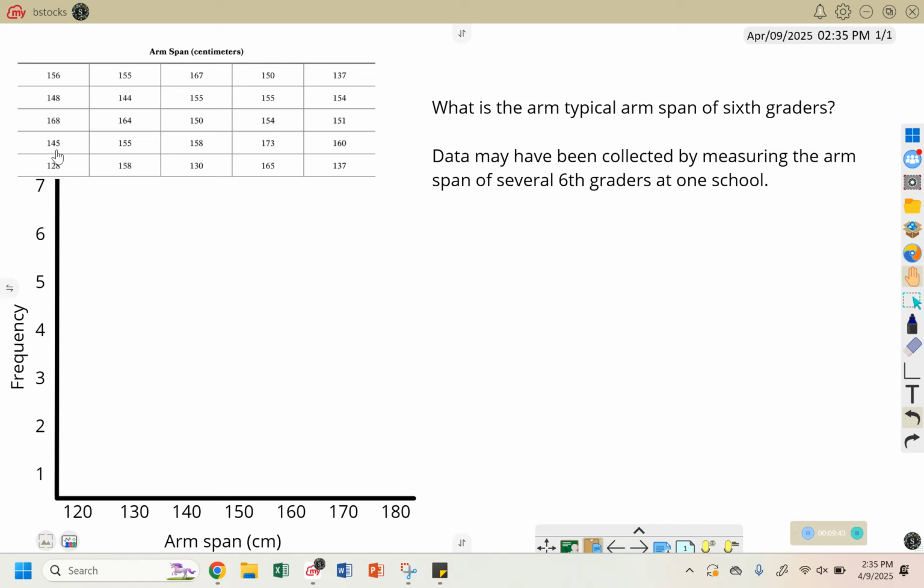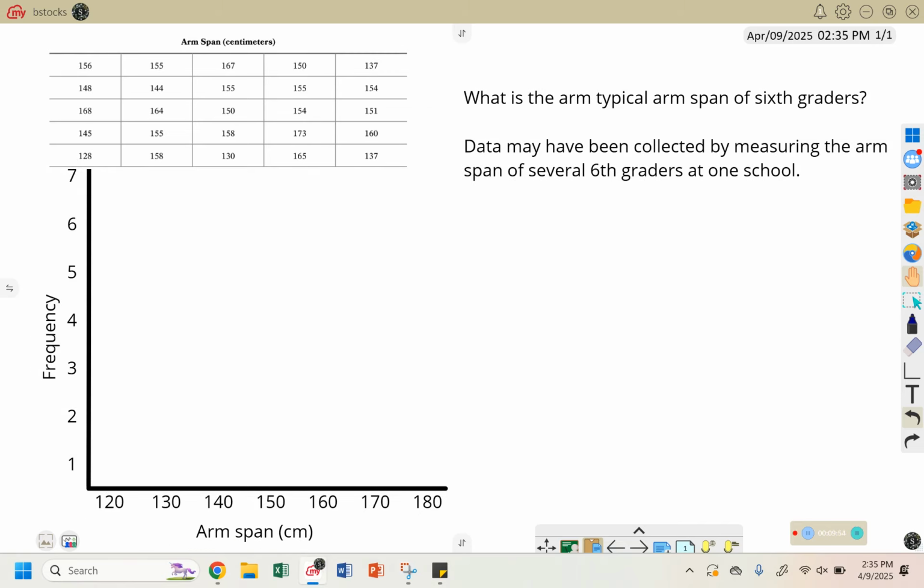I missed that there was one from 128, so I added 120. And now let's check and see. We have from 120 to 130.